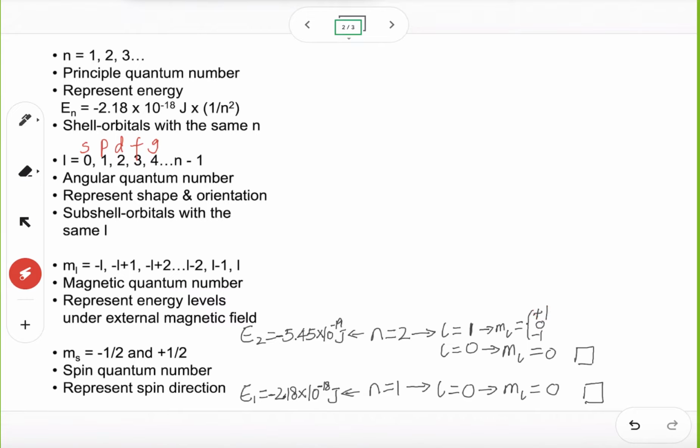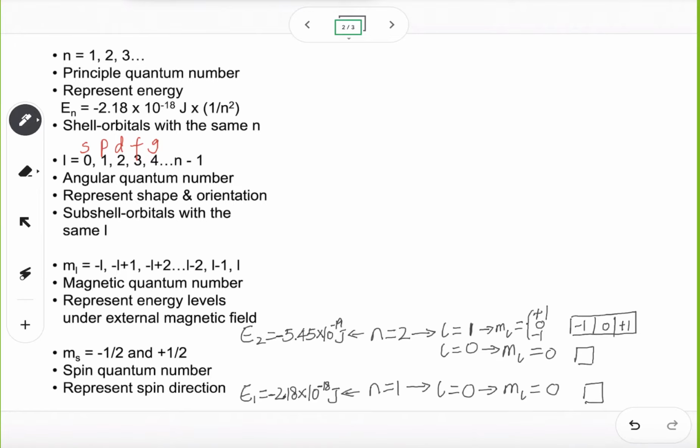Now, if you have three different ML values, three atomic orbitals will be defined. So we use three connected boxes to represent three atomic orbitals. If you want to label the ML value for each box, then traditionally you label the first one as negative 1, the second one as 0, and the right one as positive 1.